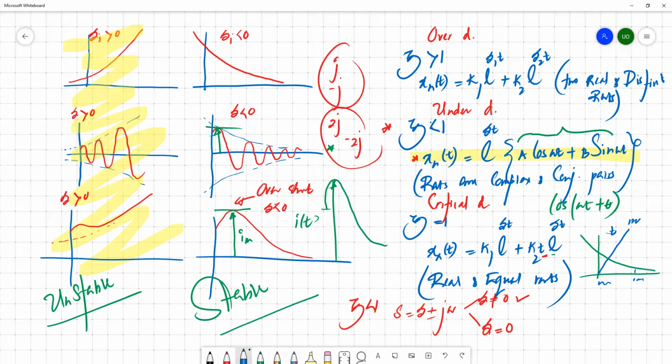If your sigma is 0, the exponential becomes 1. Then your response is a cos of omega t plus theta.